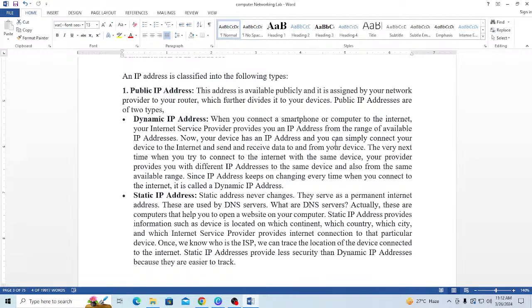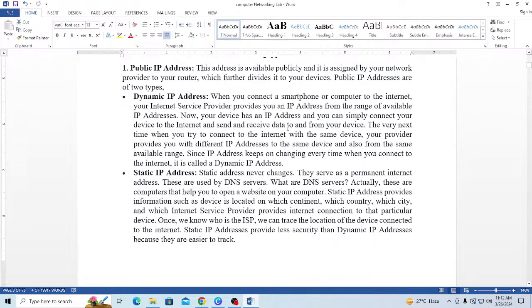Whichever address we want to communicate with, we can click on that particular IP address and communicate with that particular path. But in static IP address, there is no such option. Coming to the public IP address, it means this IP address can be accessed by any person. Within the public IP address, they divide into dynamic and static. That means these two methods can be accessed by any person.